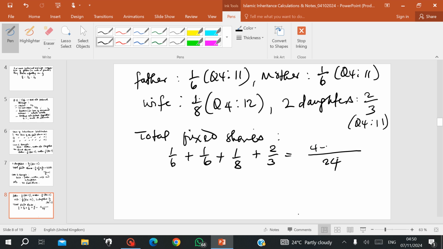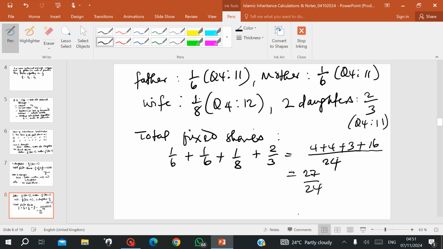We have 4 plus 4 plus 3, plus 16. 24 divided by 8 is 3, times 1 is 3. Plus 24 divided by 3 is 8, times 2 is 16. So everything equals 27/24. You can see it is more than what is on ground, the property, that is more than 1.